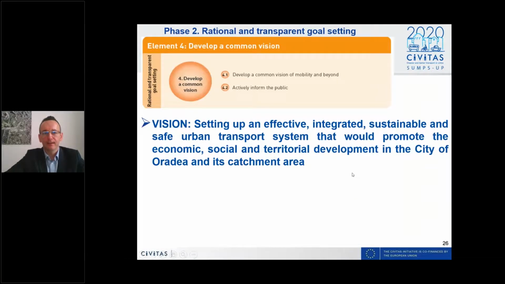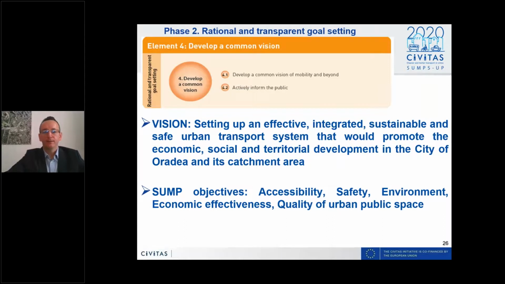Regarding the second phase of the SUMP cycle development, the rational and transparent goal setting, the vision was identified as being the need to set up an effective, integrated, sustainable, and safe urban transport system that would promote the economic, social, and territorial development in the city of Oradea and its catchment area.